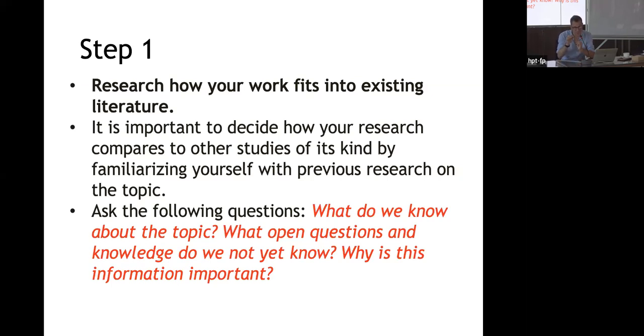Not only know what you are doing, you probably all know the species you are working on, but why is knowing about this important, relevant? So this is the first step that before even writing the paper, you have to think about or consider. So ask these questions highlighted in red.